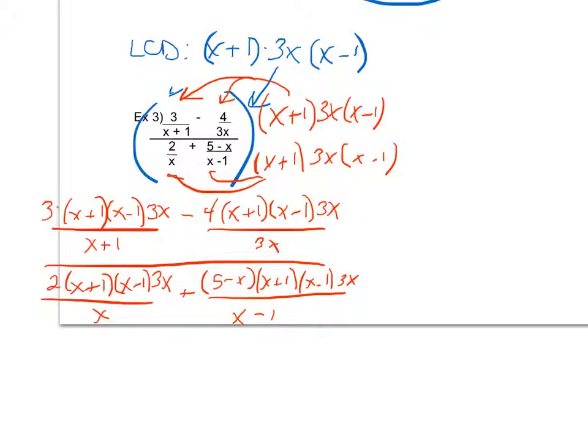And again, at first it looks more complicated, but as I go through and see, there are quite a few things that I can cancel.